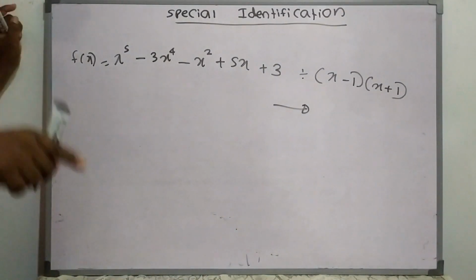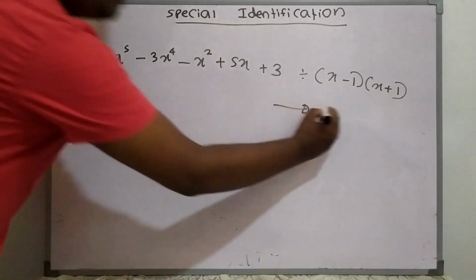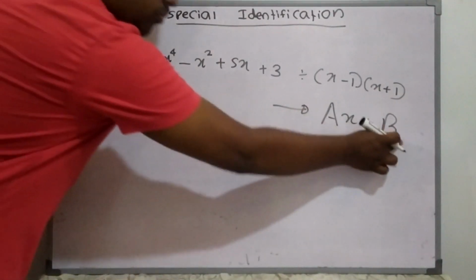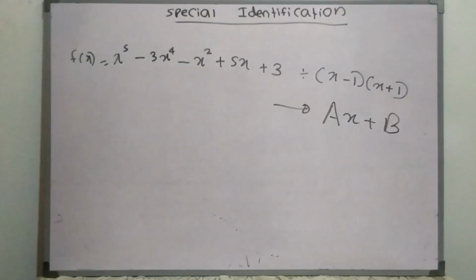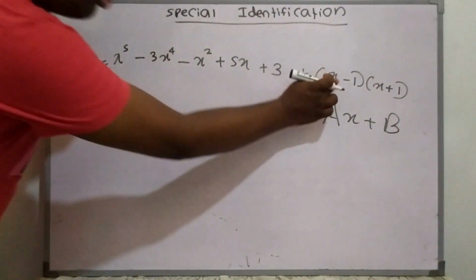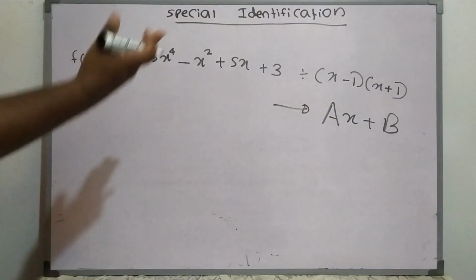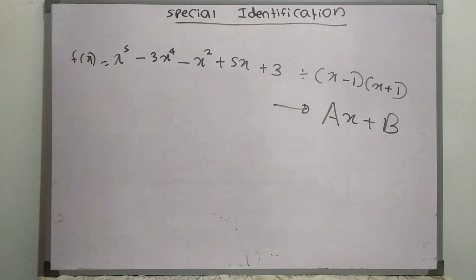What is the standard form of a first order polynomial? That is ax plus b. This is the standard linear format. If it is quadratic, it should be ax squared plus bx plus c, likewise. Here the divisor is second order, so the remainder is ax plus b.